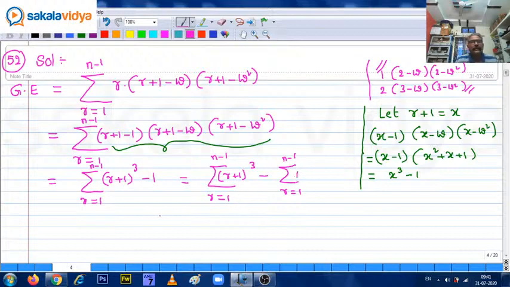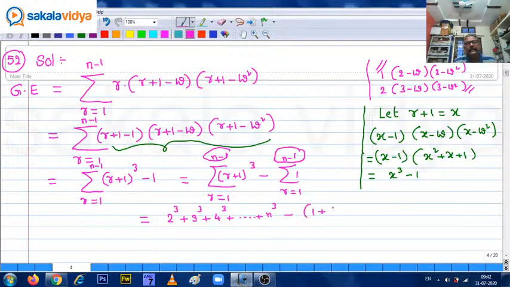So r plus 1 whole cube, put r is equal to 1: 1 plus 1, 2 cube. Sigma means summation, plus you will get 2 plus 1, 3 cube, 4 cube, and so on. If you put n minus 1 plus 1, that will be n cube, minus sigma 1. 1 is added how many times? n minus 1 times.